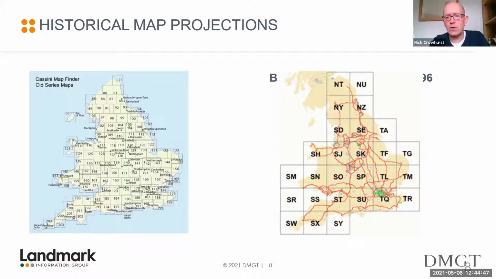After the Second World War and the introduction of the National Grid, much simpler system everywhere, split up into squares, as hopefully anybody that works in geography in the UK will be familiar with the GB National Grid and how that works. And obviously everything is edge matched much more easily. One of the major problems with the pre-war period was edge matching, county sheets from different projections going to a different north, skewing. So you will find that issue when you're dealing with historical maps.